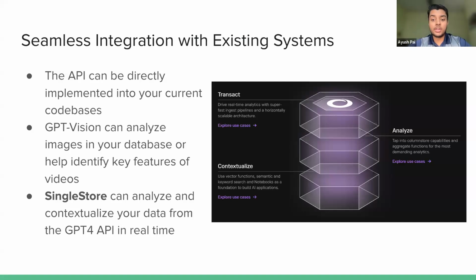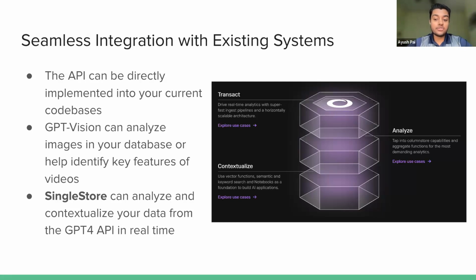SingleStore, with its ability to perform real-time analytics, can really take full advantage of GPT-4 Vision's capabilities, and it offers fast ingest pipelines and a horizontally scalable architecture that's perfect for the demands of processing large volumes of image data.